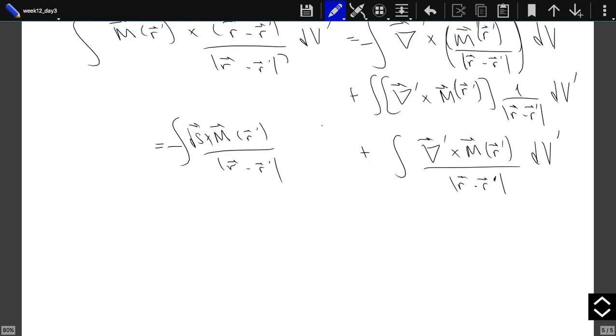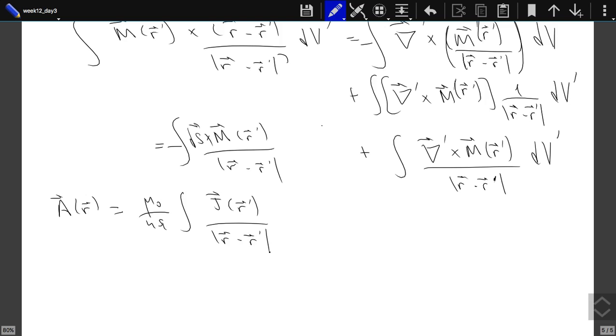So what we ended up having for A at the point R, we have these two contributions. One from the current running in our system. Then there's an additional piece coming from the magnetization of our system.